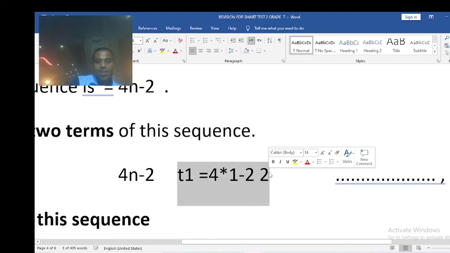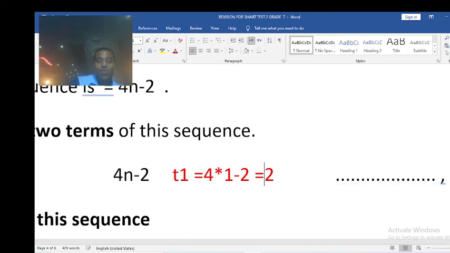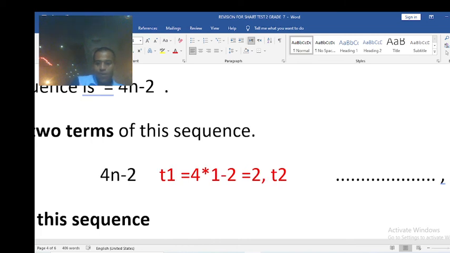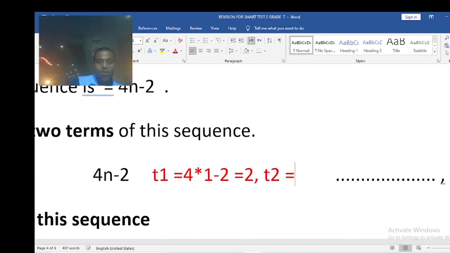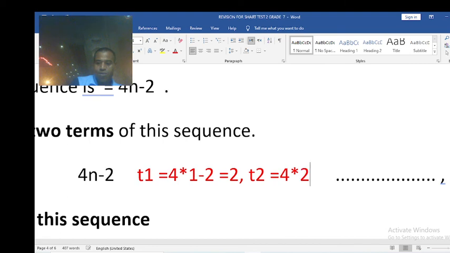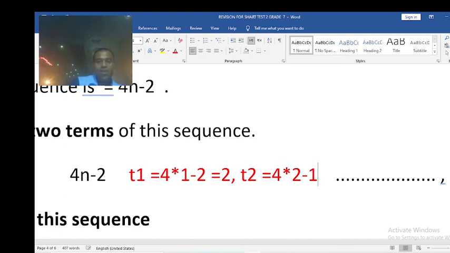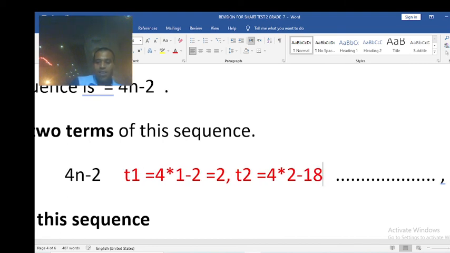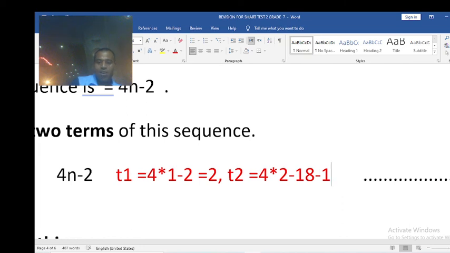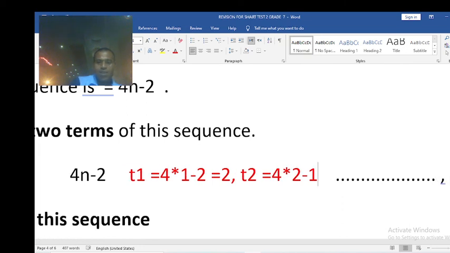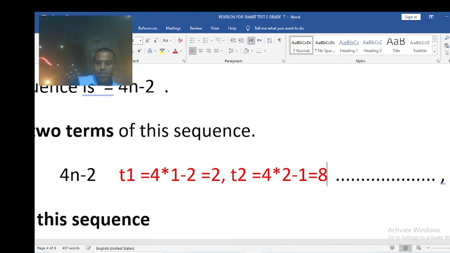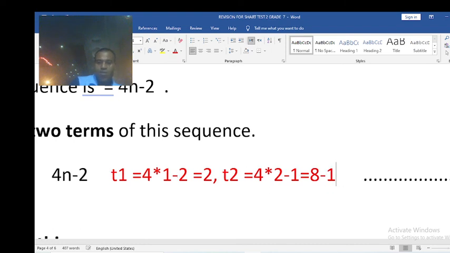For the second term, because the question is looking for the first and the second, I will label it t2, which is equal to 4 multiplied by 2 minus 2. 4 times 2 is 8, 8 minus 2 is 6.